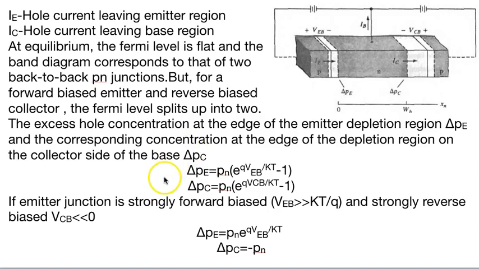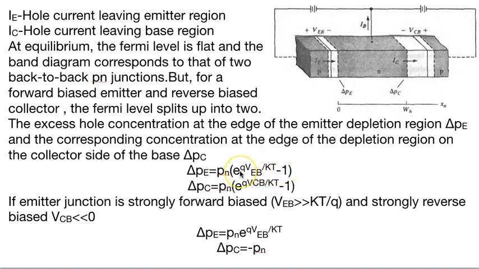We can calculate del PE and del PC by this formula, where Pn is the total charge carriers in both the emitter region, exponential to the power q VEB divided by KT, minus 1.